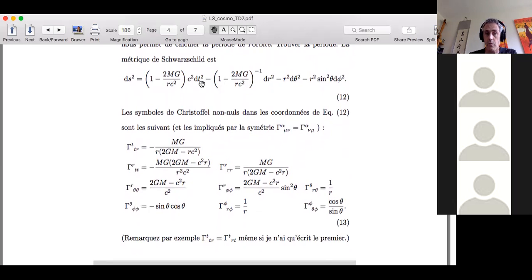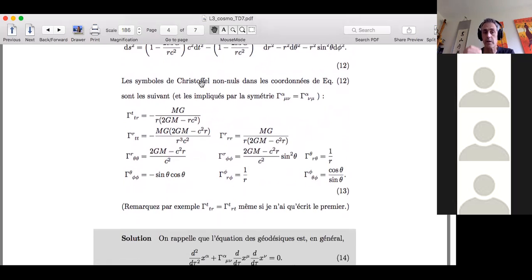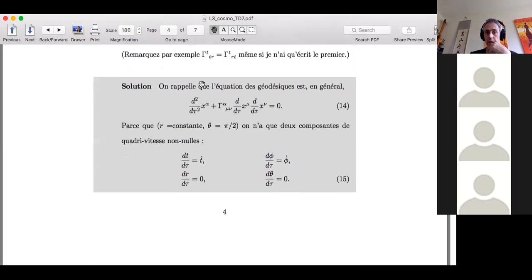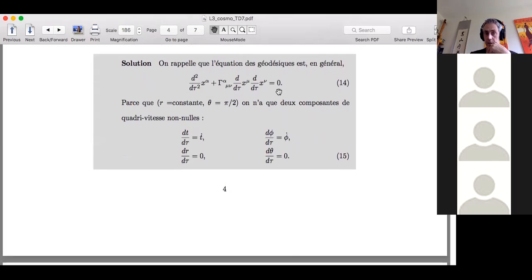So we have the same geodesic equation, and it looks the same, but the free index alpha takes on the four values t, r, theta, and phi.